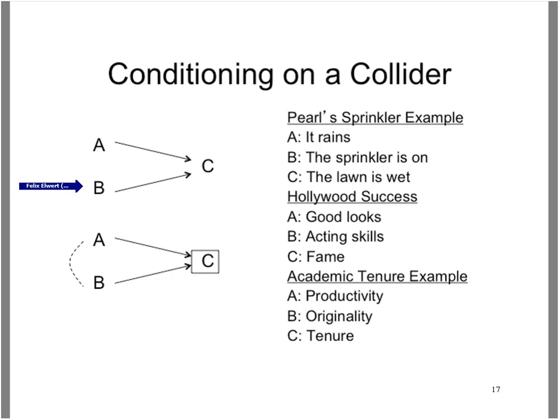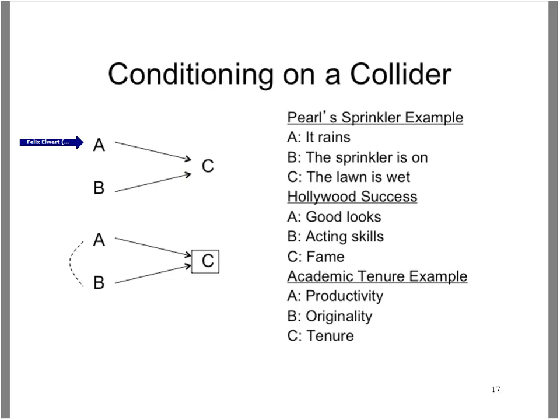A second example may be, let's use a Hollywood success example. Suppose there's only two ways that somebody could become a famous Hollywood actor: having great acting skills or looking really, really beautiful. Now, suppose, just by setup of the example, that good looks and acting skills are independent in the population of budding actors. Whether somebody's good looking tells you nothing about whether they're a good actor and vice versa.